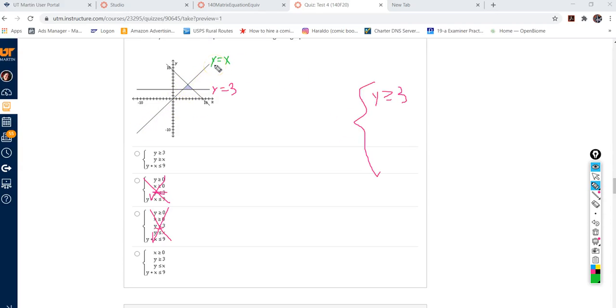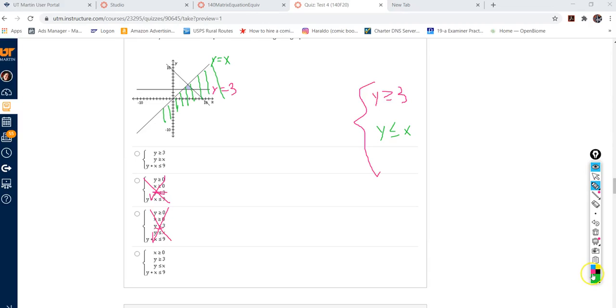So I'm going to need y is less than or equal to x. So that would be this line and everything below, if it's going to be in that shaded region.